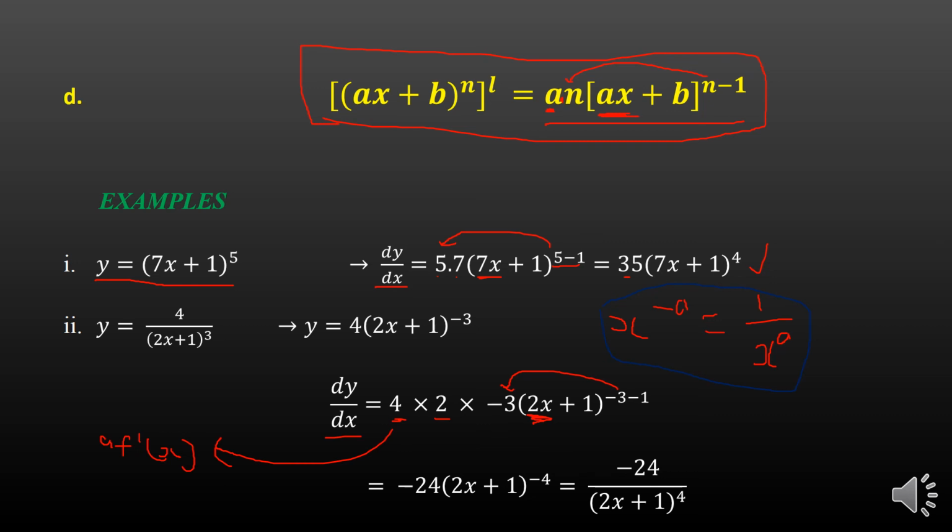So our final answer is minus 24 over (2x plus 1) to the power 4. I just bring down (2x plus 1) to the power minus 4 to make it a positive power.